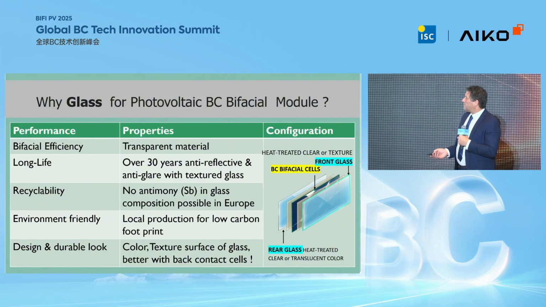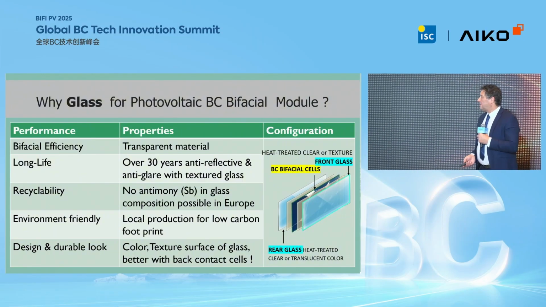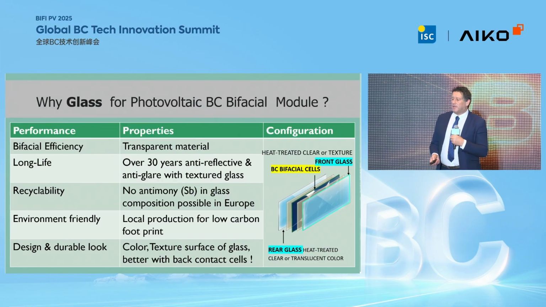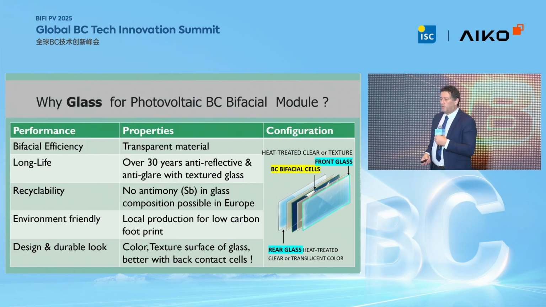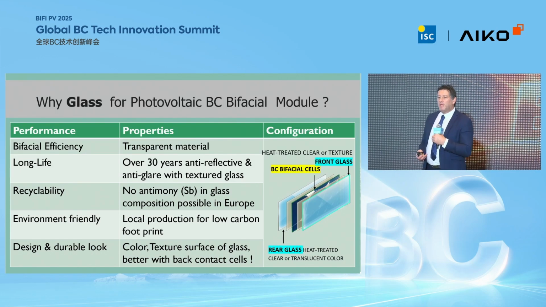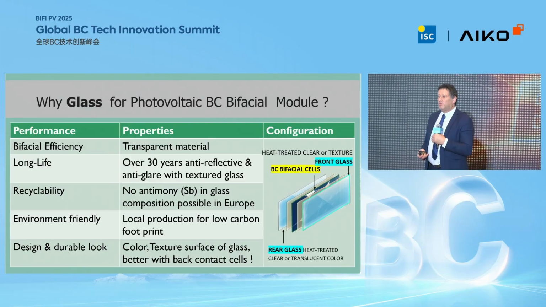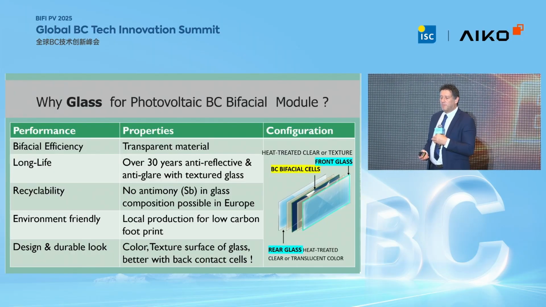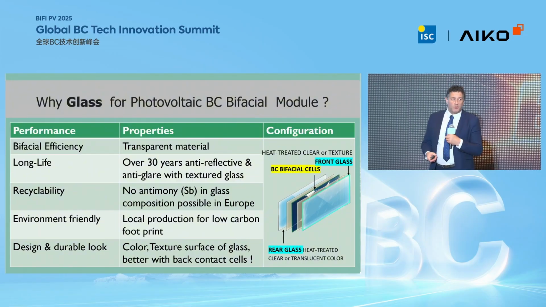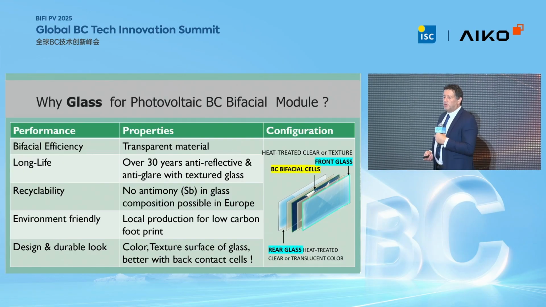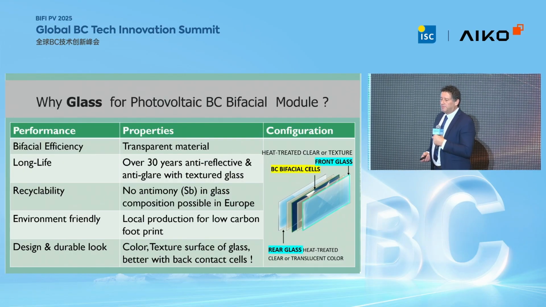And then last but not least, it's possible to have very different types of design. As I showed you, we are able to mimic different types of material to implement PV in all the different applications, not only simply producing PV modules, but also producing material having the look of stone or wood.